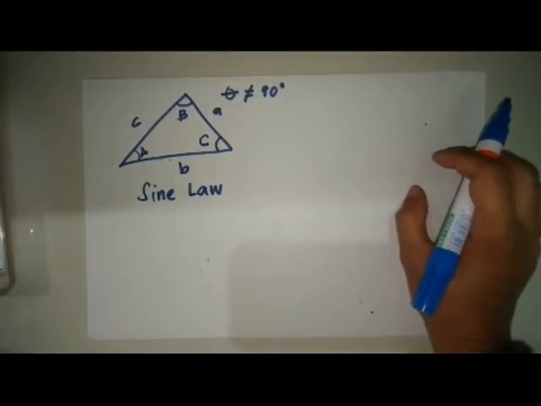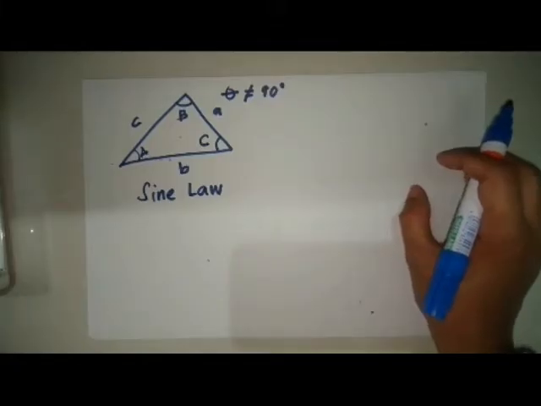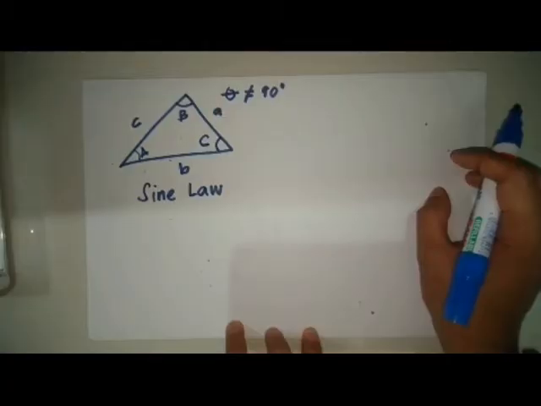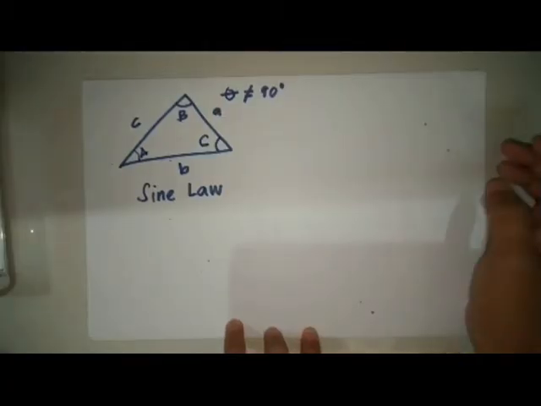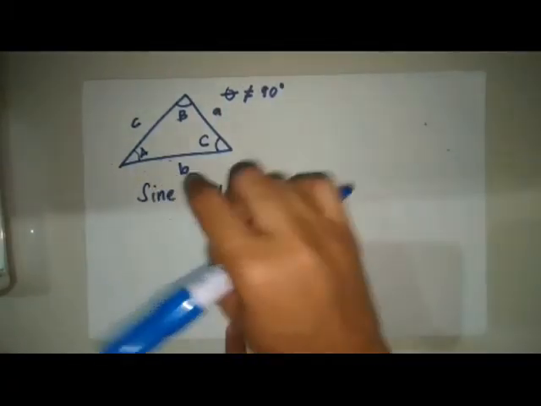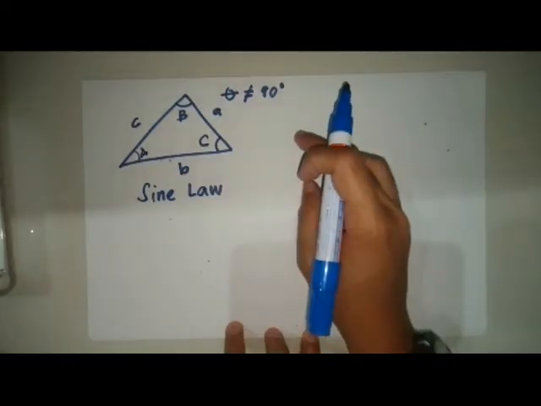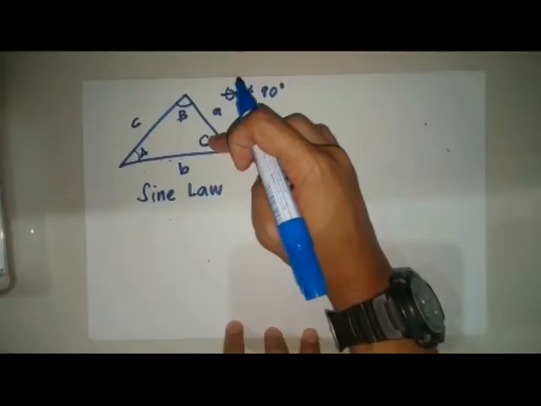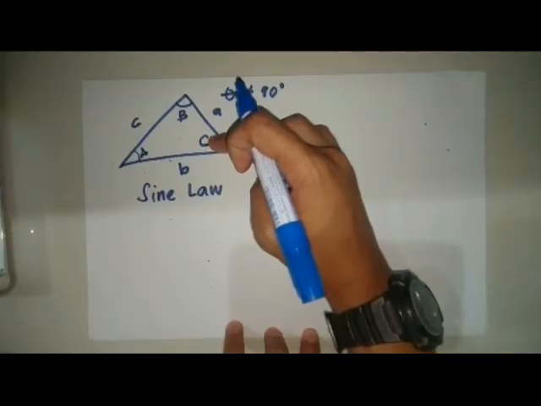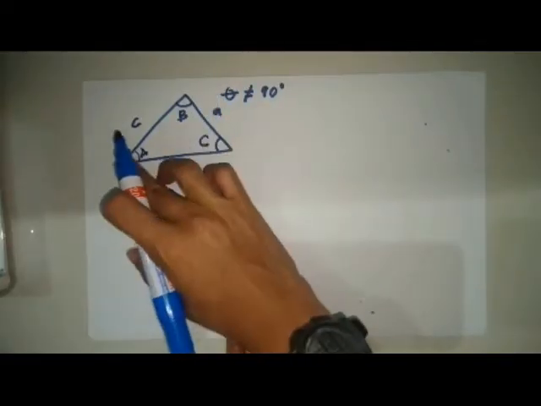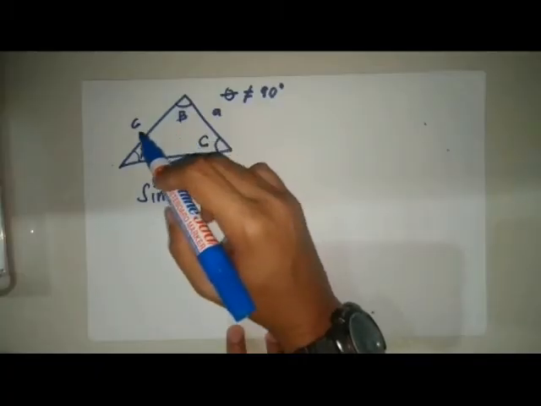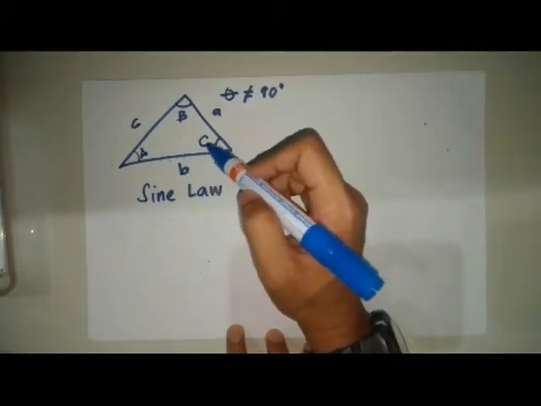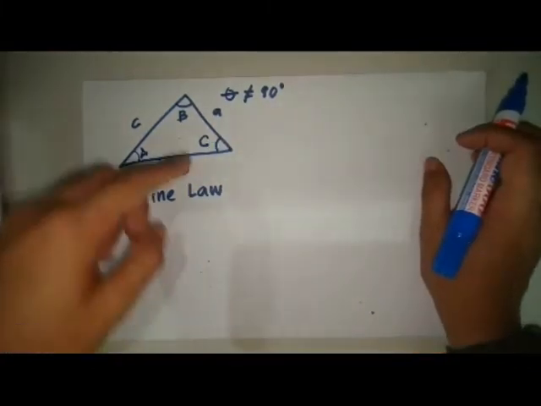So sine law is applicable wherein meron tayong dalawang angle na given at isang opposite side. It means that, for example, if your angle B and C is given and you have one opposite side na given, let's say it's either C or B also, you can find one of the parameters.